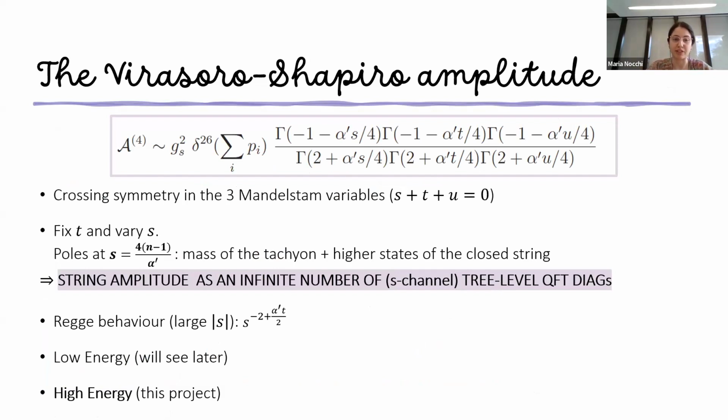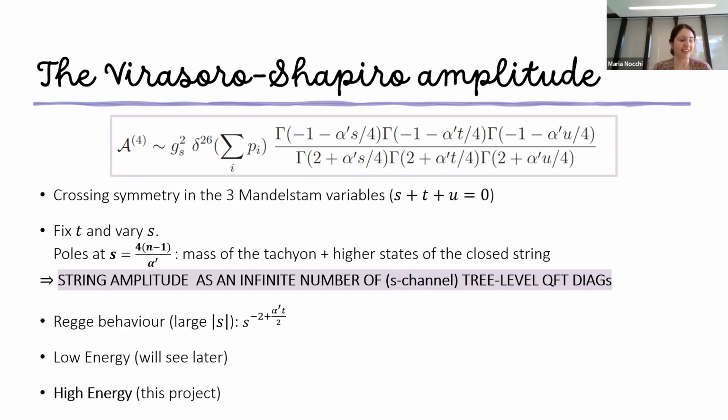So you get the mass of the tachyon and then all the higher states of the closed string that are exchanged in this amplitude. And that is the key point because string amplitudes can really be seen as an infinite number of tree-level QFT diagrams. And that will be either S-channel or T-channel, depending on whether you fix T and vary S or vice versa, but because of the duality, it is morally the same.